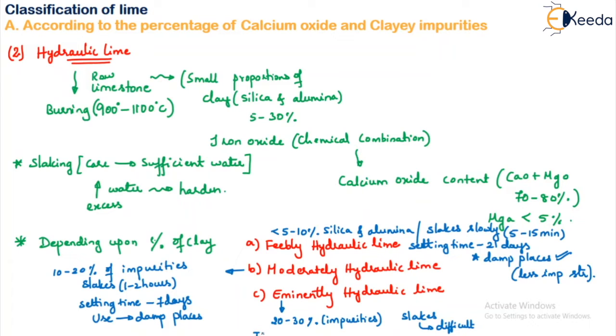So its initial setting time is around 2 hours, and the final setting time is about 48 hours. So we can use this particular type in damp areas as well as in all the important structures. We can use this particular type of hydraulic lime.